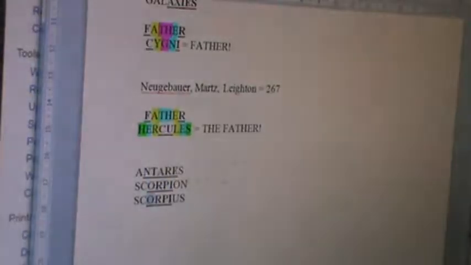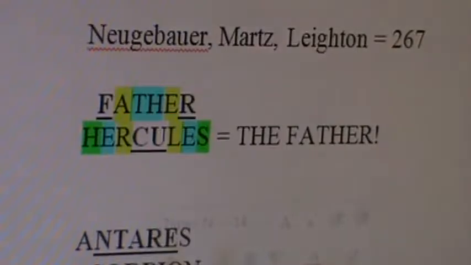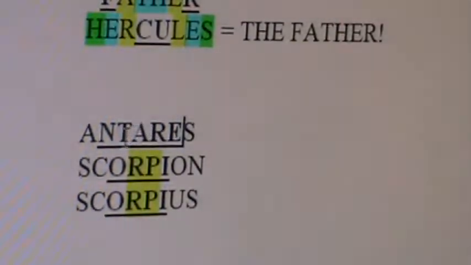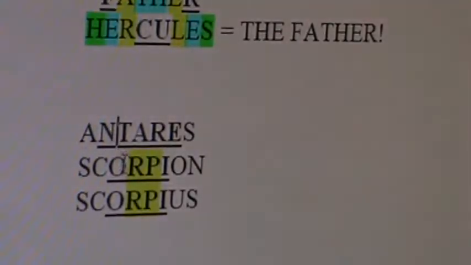Because the I-O in Scorpion or Scorpius equals the bookends of Father, and then the center two letters equals the center of Father. You have that same phenomenon in these letters with Antares, where you have those letters exist in Father, and the N is the F plus the H. It's disturbing. So Father's at the dead center of Scorpion.